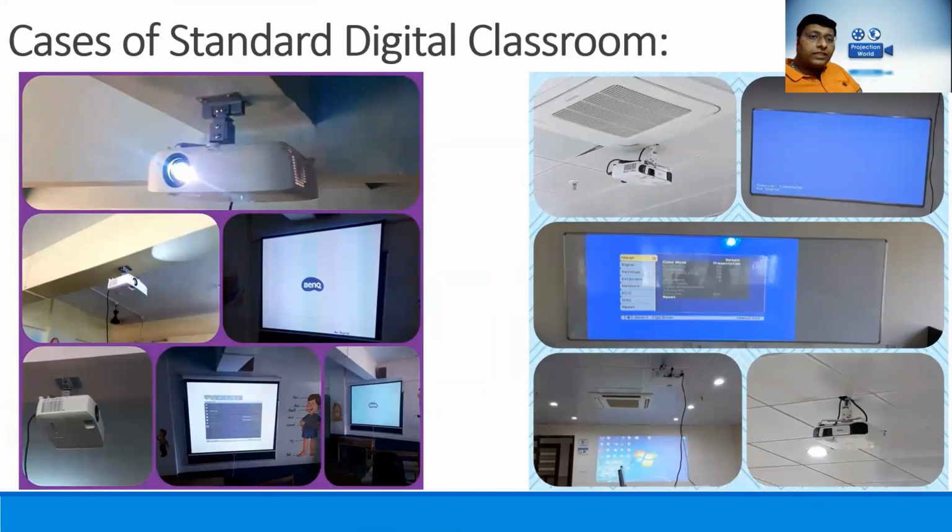These are some of the cases of standard digital classroom. This is the BenQ projector, with a manual install of screen. This is a college where we have supplied the projector and the ceiling mount and the installation. You can see screens have not been supplied. It is done only on the whiteboard.